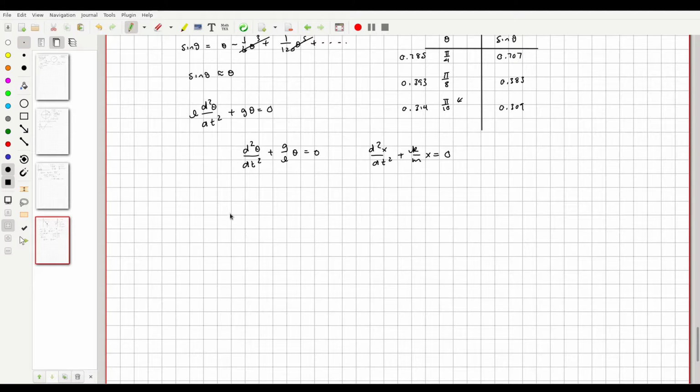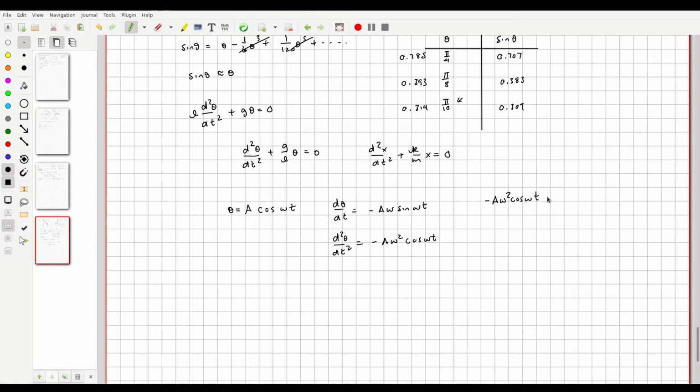And now we had tried a solution that looks something like this. And again, if you take a derivative with respect to time of that, you get that. You take two derivatives with respect to time of that, you get this. You plug this into this. So the first one is minus a omega squared cosine omega t.